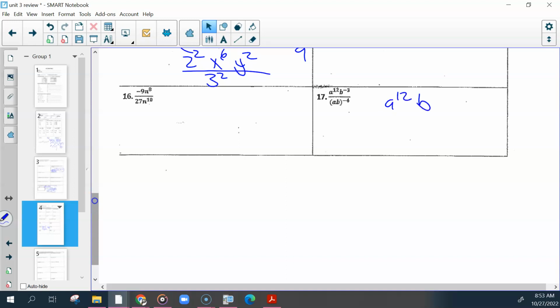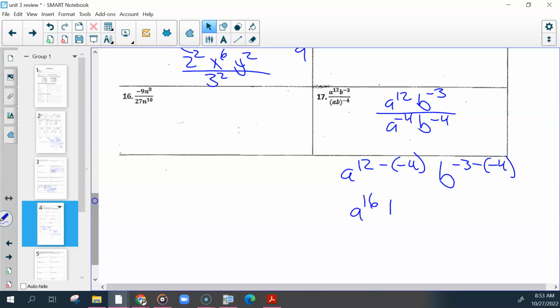So a to the 12th, b to the negative 3, all over a to the negative 4, b to the negative 4. Subtract your exponents. We have a to the 12th minus negative 4, and b to the negative 3 minus negative 4. So it's going to be a to the 16th and b to the 1. Or negative 1. No, just 1. Okay, or a to the 16th b. Either or.